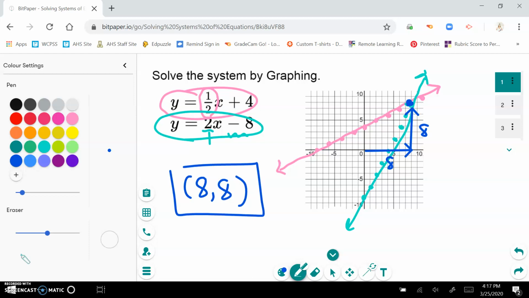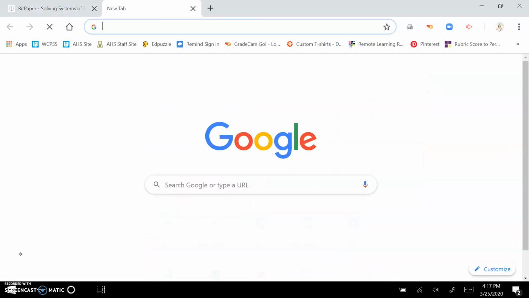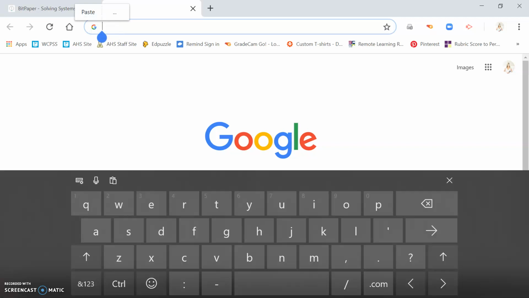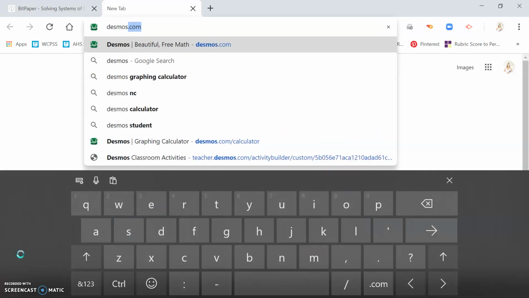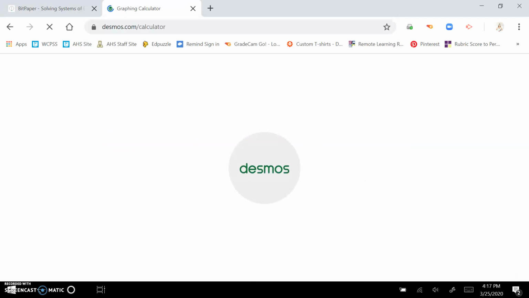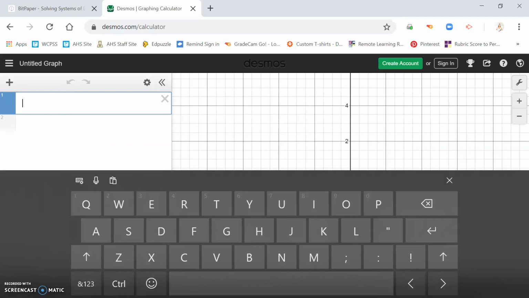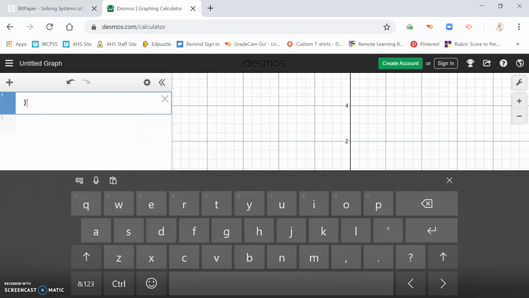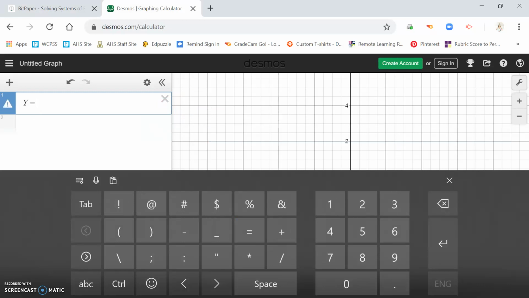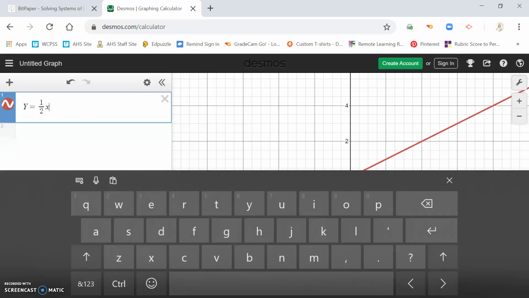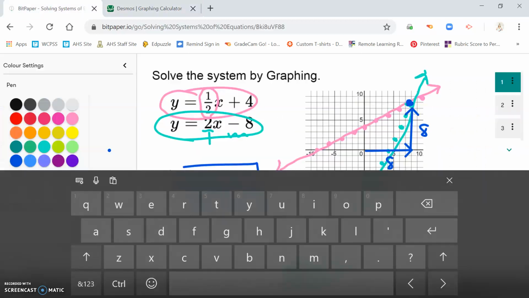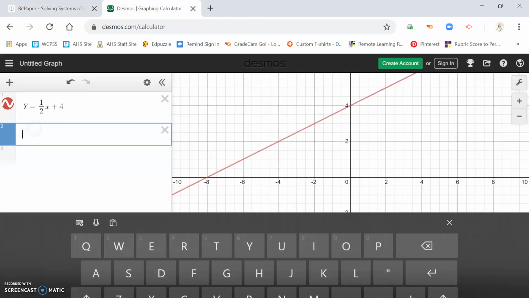You can also do this in Desmos. We can add a tab and go to desmos.com, and you can just type your 2 equations in there. So y equals 1/2 x plus 4, and y equals 2x minus 8.